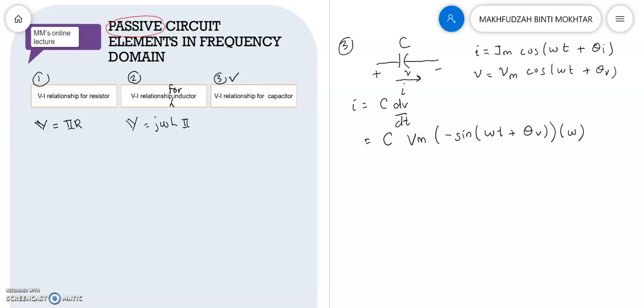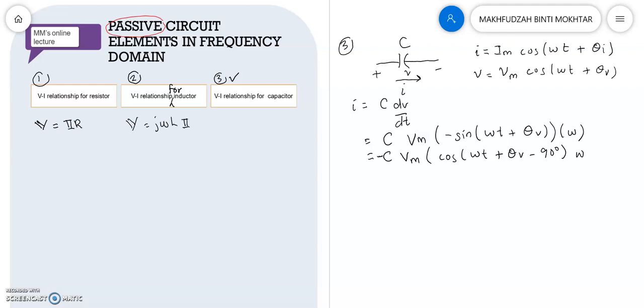Okay, if I want to represent this I in phasor form, then I need to have the sine function in terms of cosine. So what I will do is CVm, put this negative outside, then we have negative CVm, and we have cos(omega t plus theta V minus 90 degrees), and also this omega.